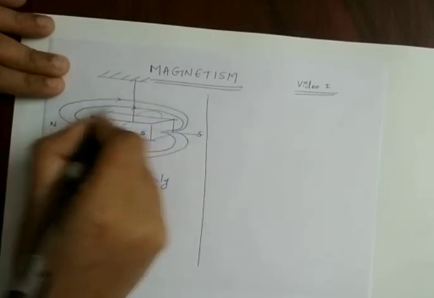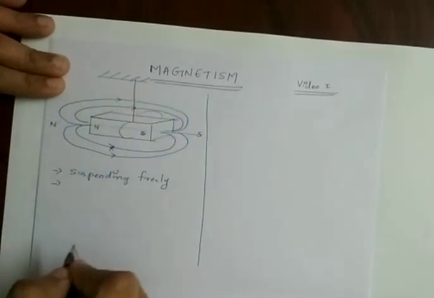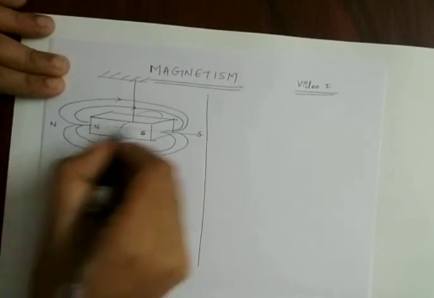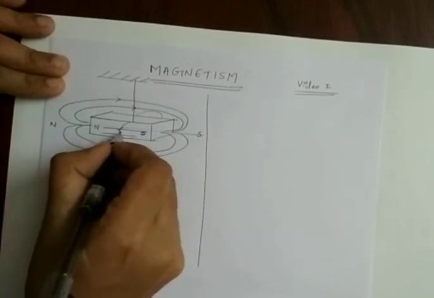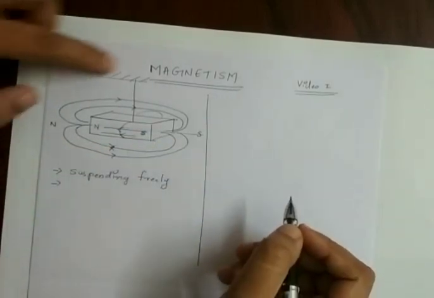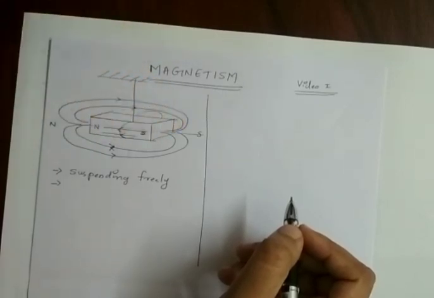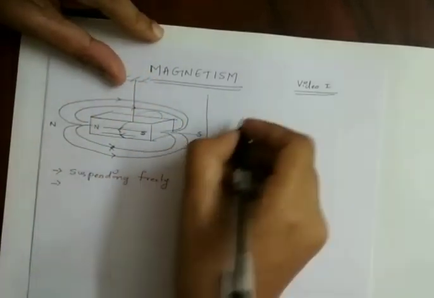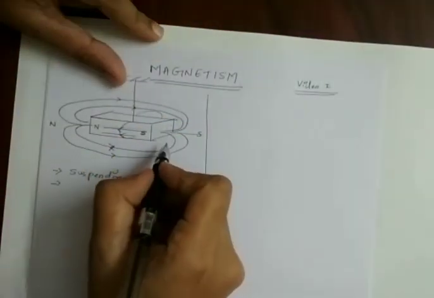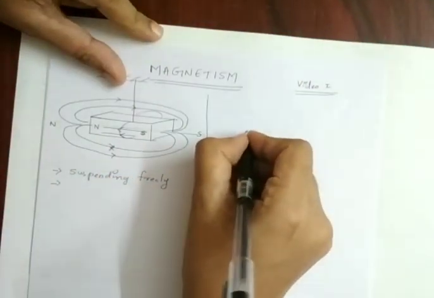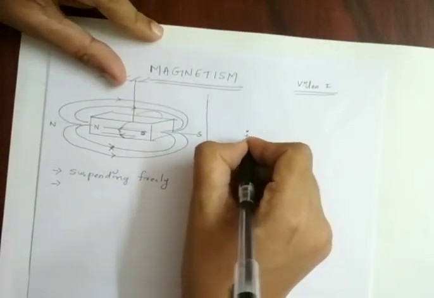The magnetic lines of force are directed from north pole to south pole outside the bar magnet, and from south pole to north pole inside the bar magnet. That means the magnetic lines of force are closed. When we compare the magnetic lines of force with the electrical lines of force, suppose you have a positive charge here.